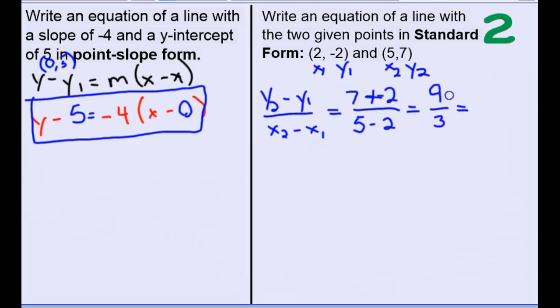We can simplify this by dividing by 3. 9 divided by 3 is 3. 3 divided by 3 is 1. So our slope is 3. This is our slope. So our m equals 3.